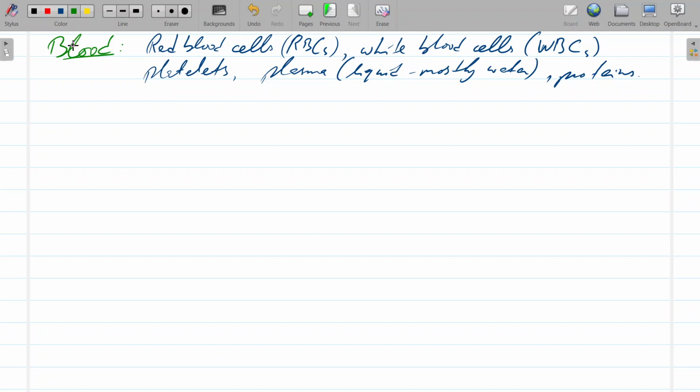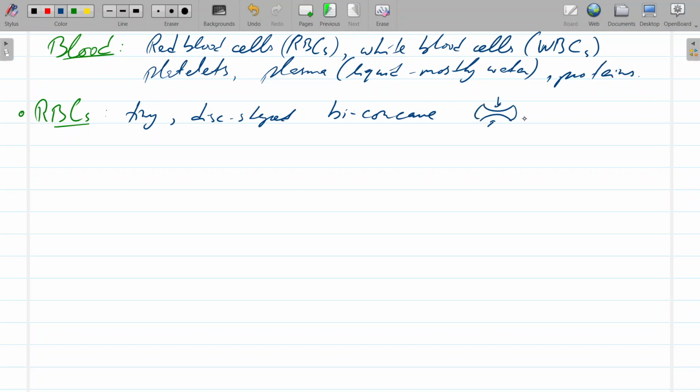So first of all, we have our RBCs, red blood cells, and we have obviously millions of them. They are tiny disc-shaped cells. They are biconcave, which means they are sort of pressed in from both sides, so they're thicker on the edges.